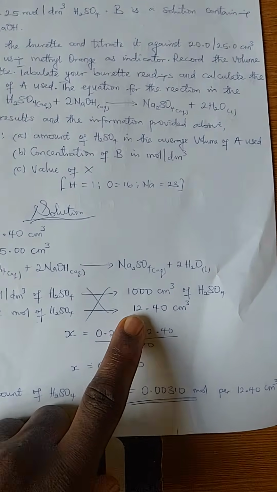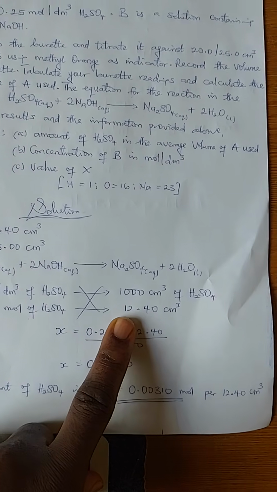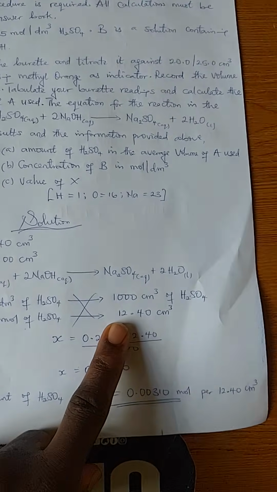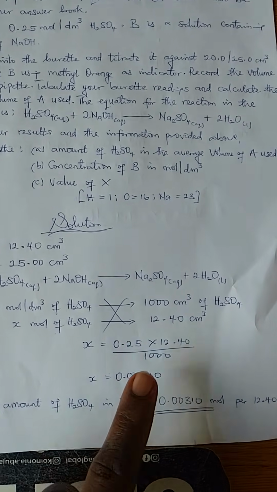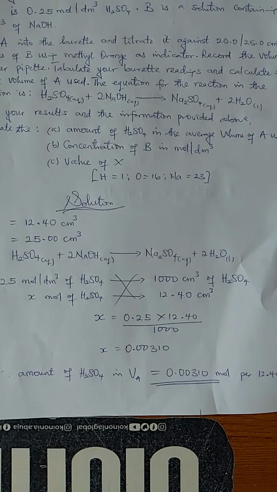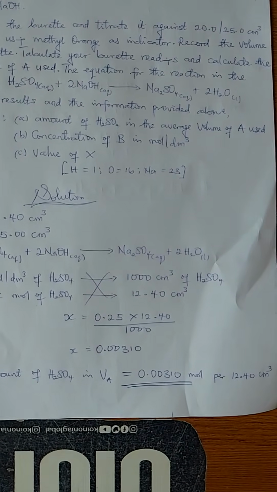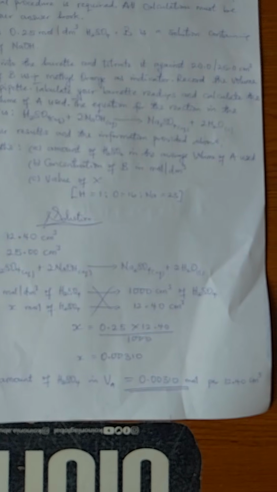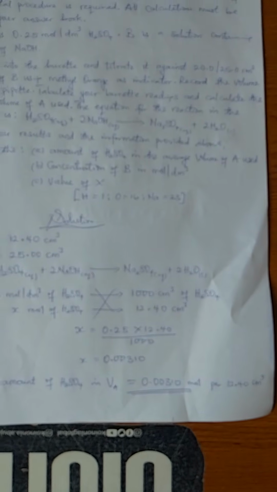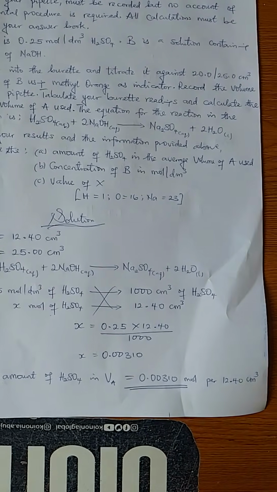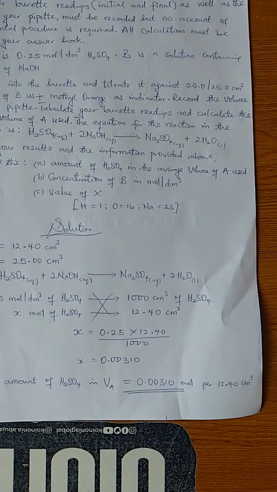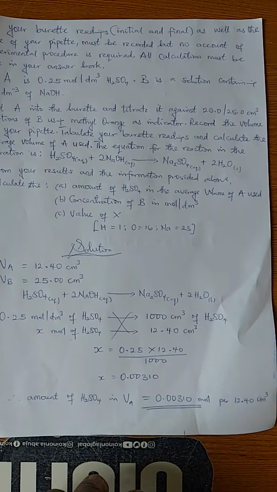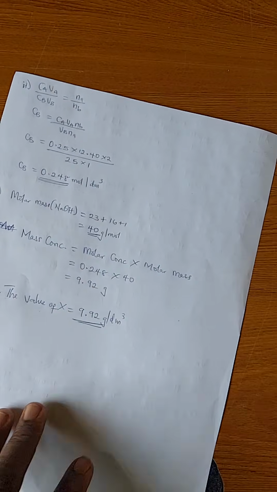Of course, whatever you obtain as your titre value, and your teacher may also have its own titre value, and if you are privy to having it, fine. But this is just my prediction, and of course, if you apply that, you are going to have what I have gotten here. Okay, that's 0.00310 per 12.40 cm cube.